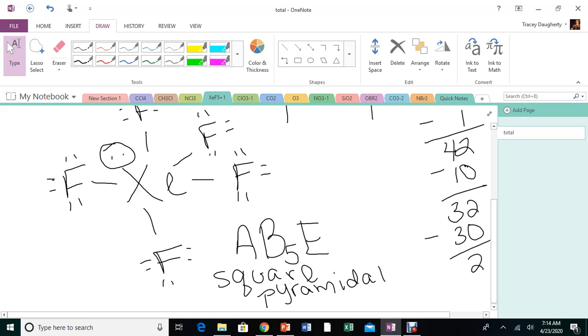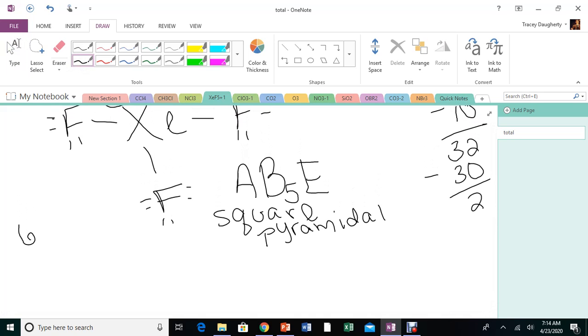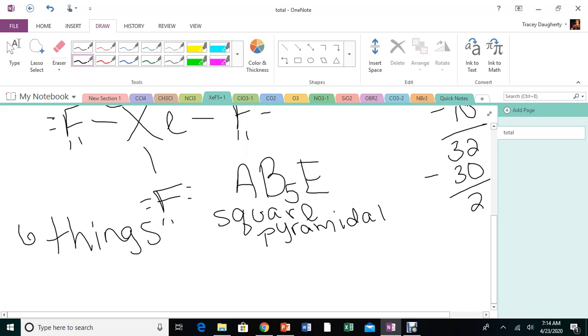XeF5, you have 5 Fs and a lone pair, so this makes 6 things. And that means we have sp3d2.